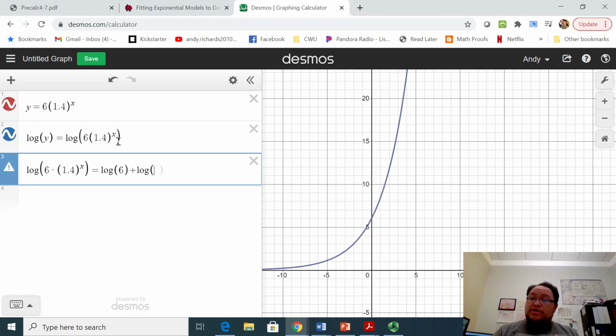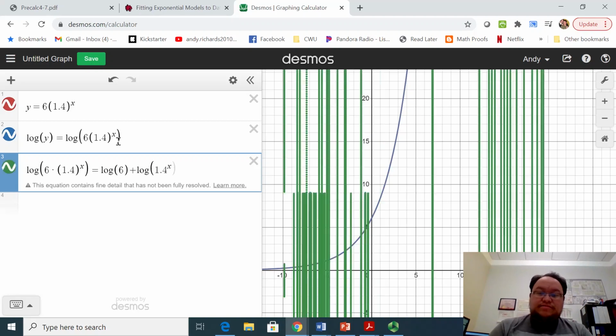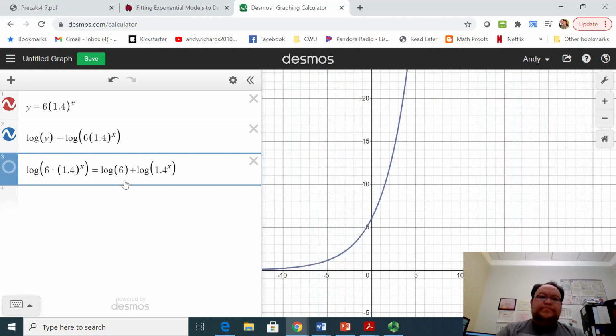So in this case, I have a common logarithm, so log base 10 of 6 times 1.4 to the x is the same as log of 6 plus log of 1.4 to the x. So that's that first piece of it here, right?